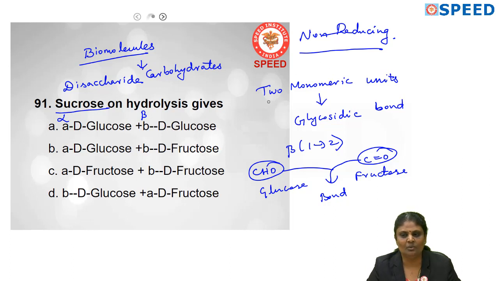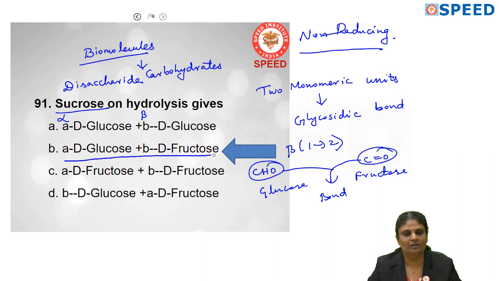Now let us see which monomeric units are present in sucrose. The option alpha D glucose and beta D fructose, option B, is the correct one. Due to the presence of this beta, you get the beta 1,2 glycosidic linkage.